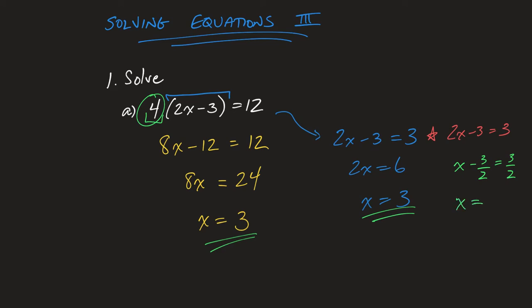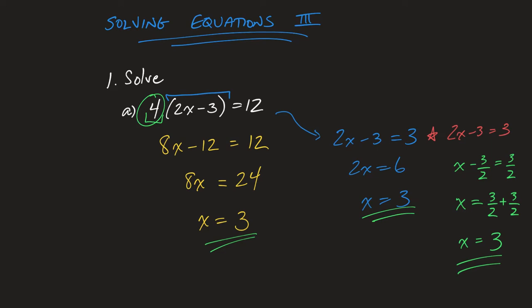Well, now to get the x all by itself, I have to get rid of a minus 3/2, so I need to add 3/2. Hey, 3/2 plus 3/2 is 6/2, and 6/2 is 3. We got down to the correct solution. Because when we chose to divide out, we divided properly. We divided both sides by 2.